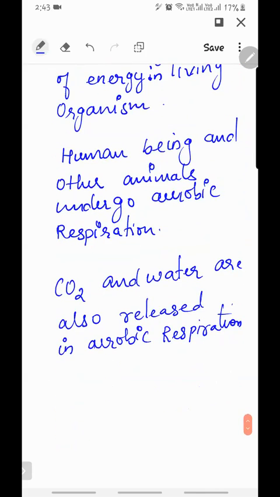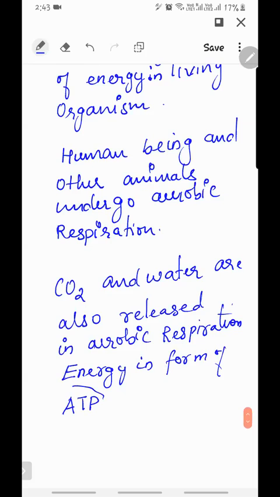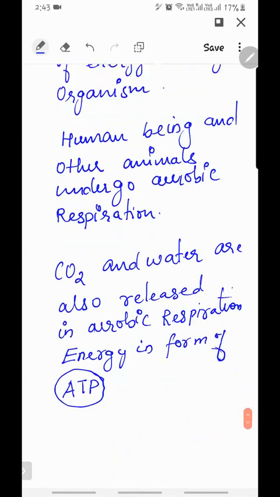And ATP, we can write, energy is also released, energy in the form of ATP. So this is about aerobic respiration.